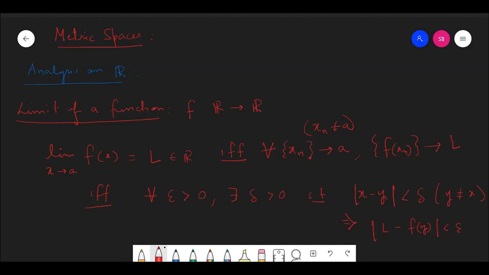This is our definition of the limit of a function.